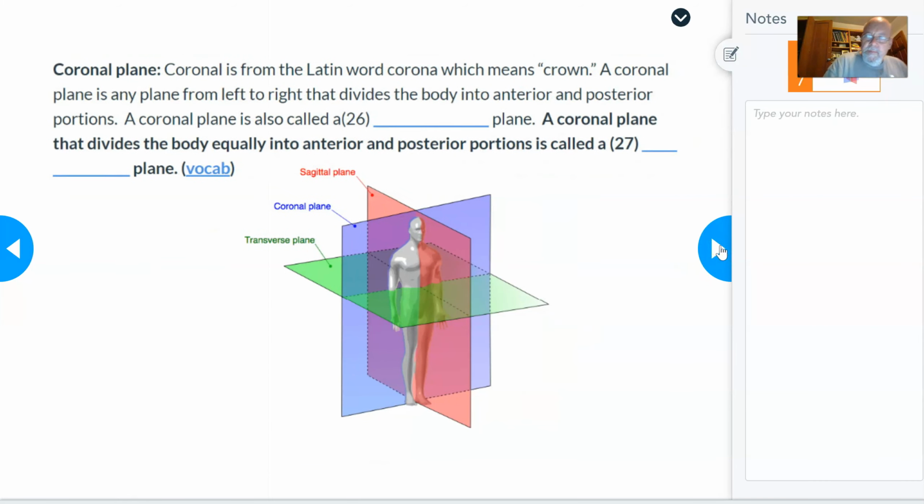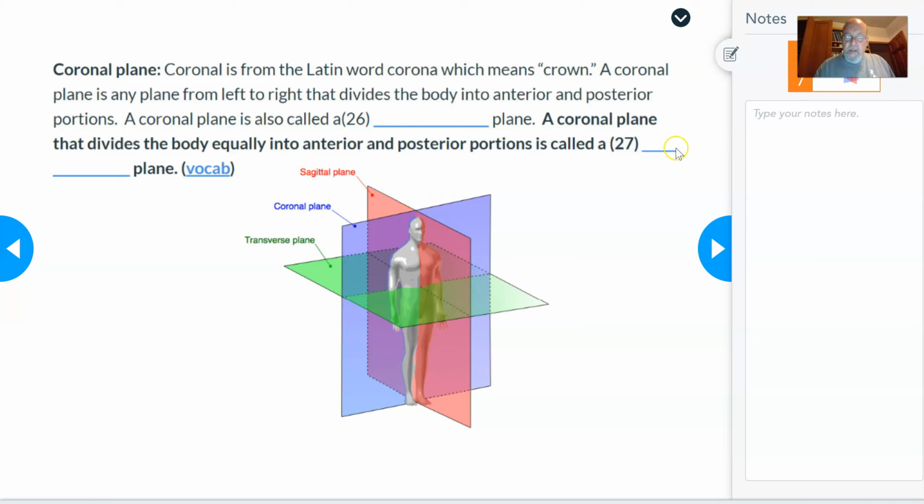The next one of these is going to be the coronal plane. You can see that right here, and this goes from left to right, and it divides the body into an anterior and a posterior part.